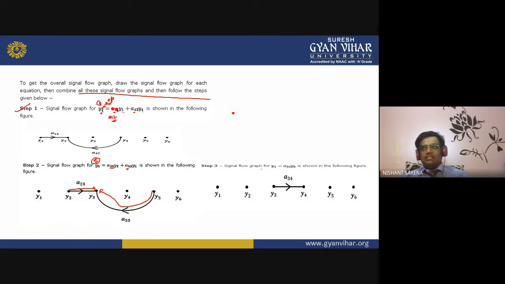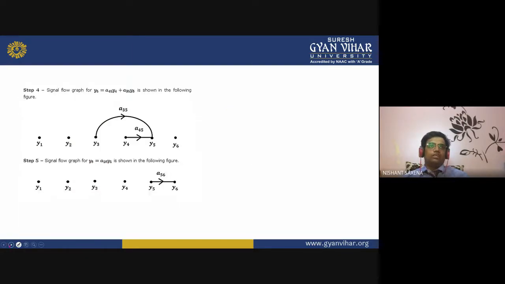Now, in the third step, let's consider equation number 3, which defines only the relationship between the y4 and y3 nodes with the gain of a34. I hope this is clear to you. Now let's move further. The fourth equation was y5 equal to a45 y4 plus a35 y3. So we have to apply this relationship in the flow graph.